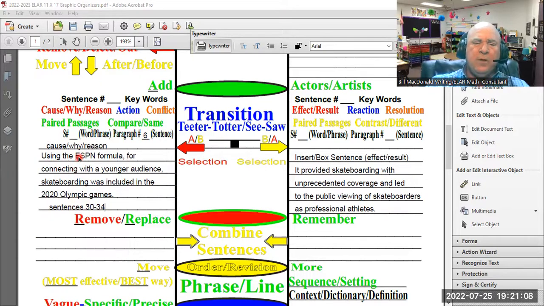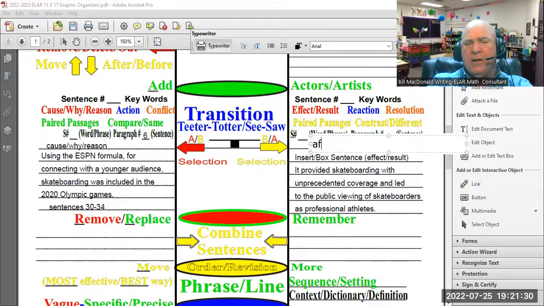So since this was sentence 31, it was paragraph 6, then we say, okay, well, which sentence are we going to place it afterwards? Well, I would probably say it might be a good idea to write it. Let's put it after sentence 31, which happens to be letter C in our answer choices, that this sentence would go.